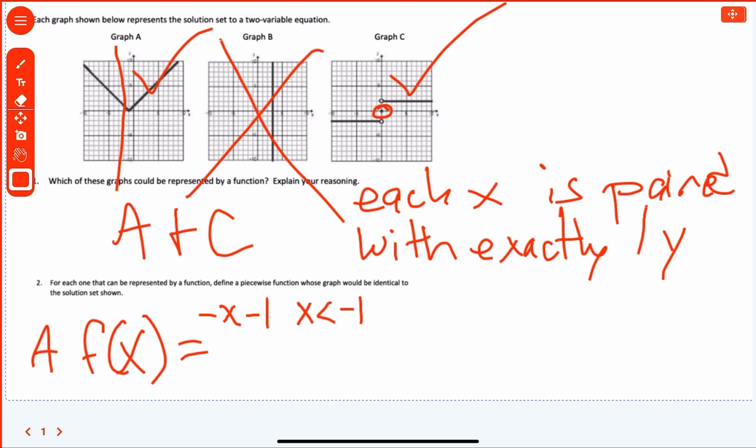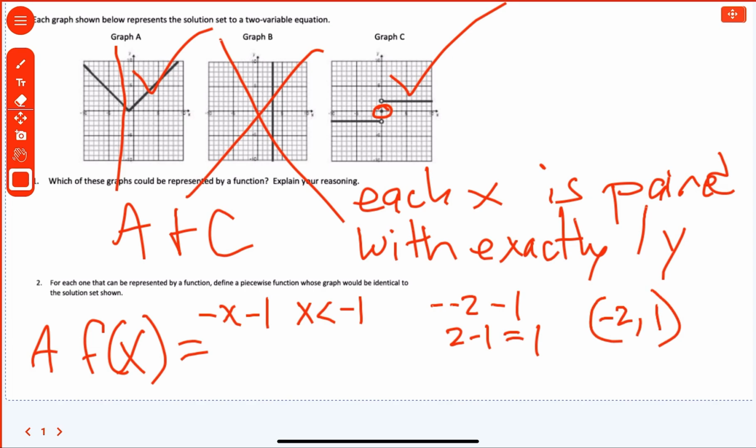Okay? So if I plug in negative 2 for x, what do I get? Well, negative of negative 2 minus 1. That is 2 minus 1. So that is 1. So that would be negative 2, 1.